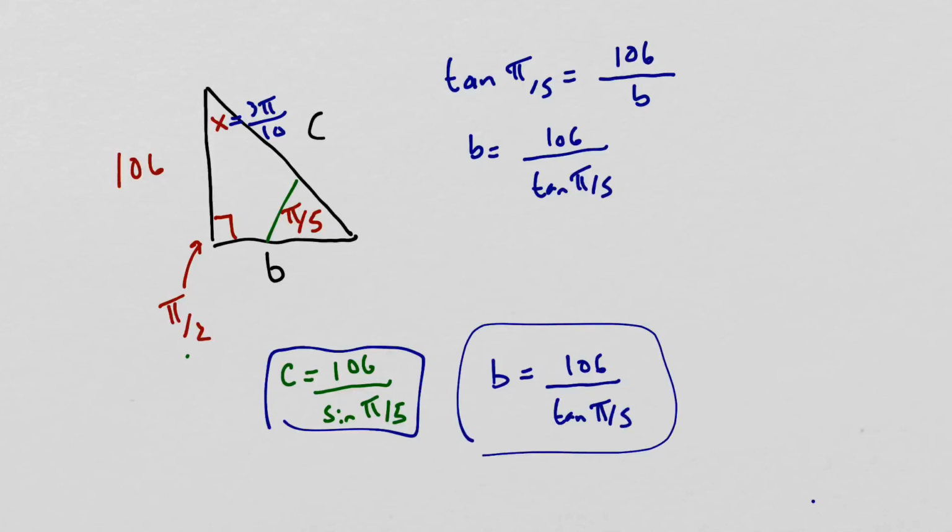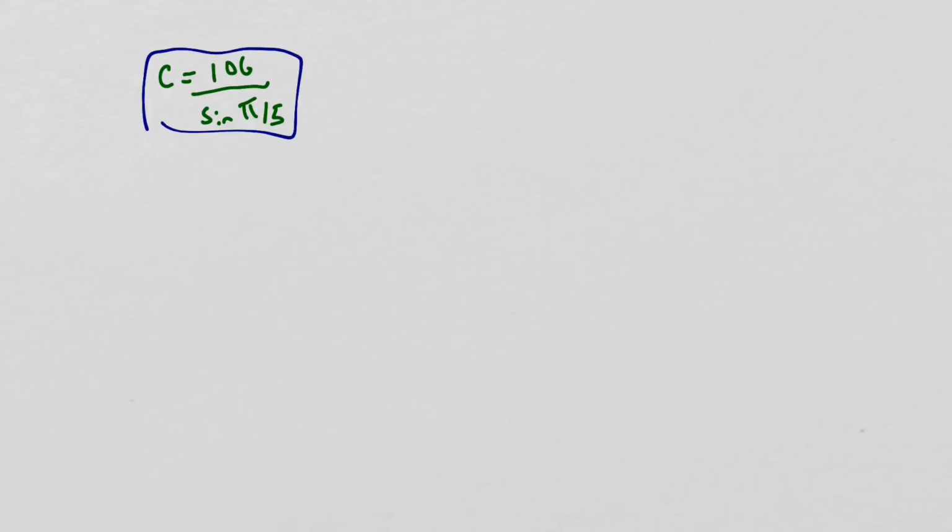Before we go any further, let's use a calculator in Mathematica to approximate what the side length of C is going to be. Here we need to calculate what sine of pi divided by 5 is equal to. To do this, we can type into Mathematica the following: capital S-I-N of capital P-I divided by 5.